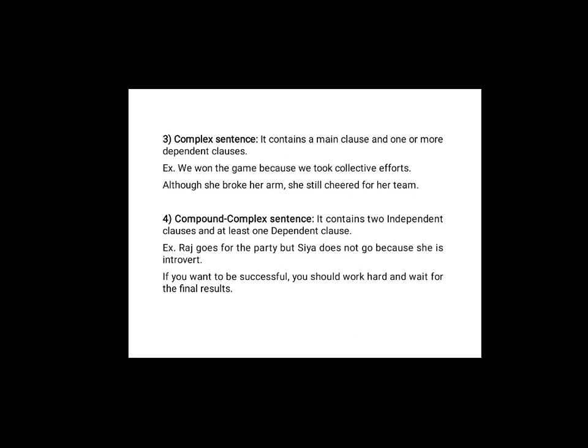The next one: although she broke her arm, she still cheered for her team. In this example, although she broke her arm is the subordinate clause. So the subordinate clause can come at the end of the sentence or at the beginning of the sentence. Here, although she broke her arm is the subclause, and she still cheered for her team is the main clause.